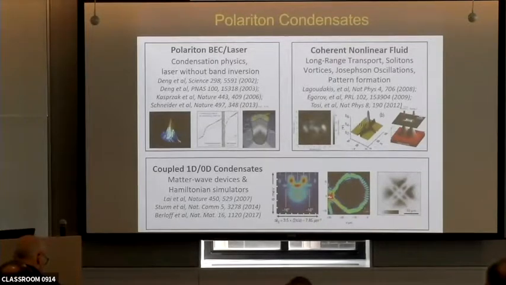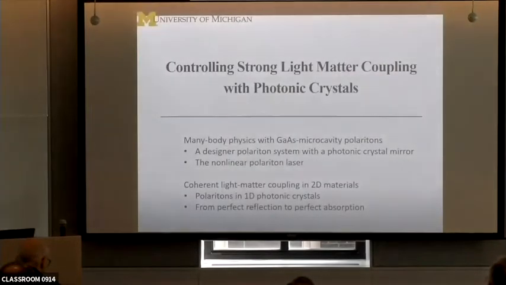Fortunately, as a light-matter hybrid particle, we can control it by both its matter part and its photon part, which is often more powerful from the experimental perspective. That motivated a lot of what we have been doing in the past few years: developing a cavity system that allows versatile control of the properties of polaritons.